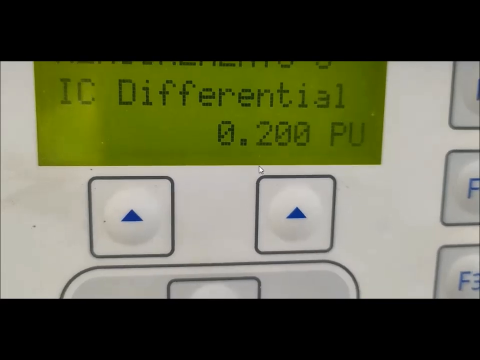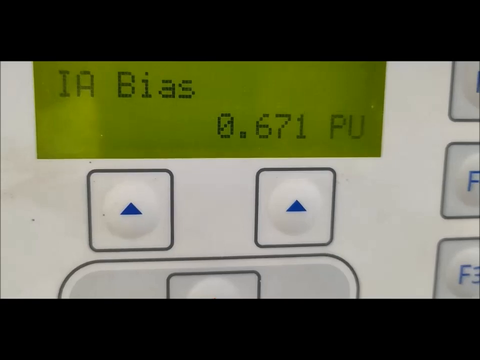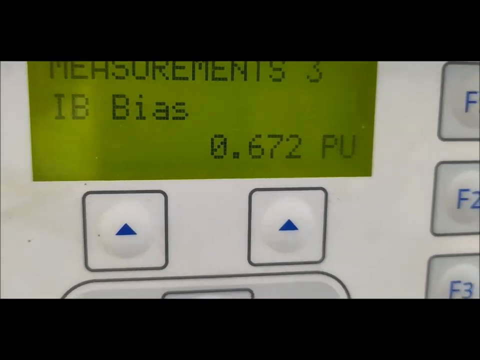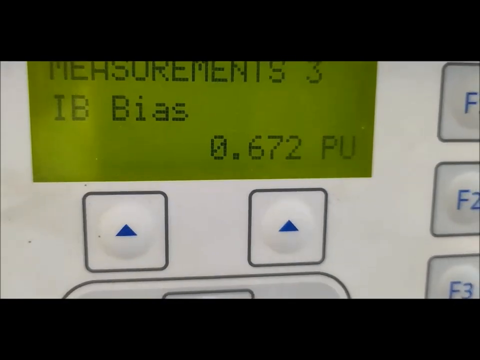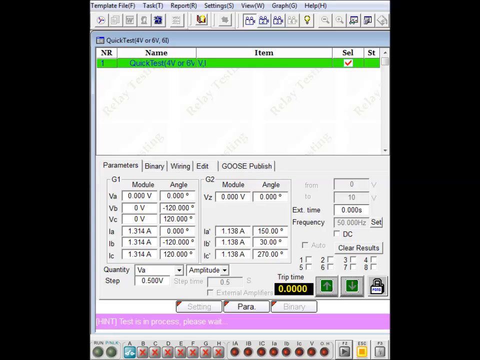Here, since ID is greater than 0.2 but I bias is greater than 0.67, the slope remains in the below 30% region, that is why the relay will not trip.